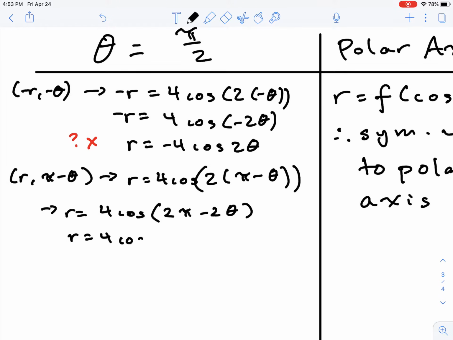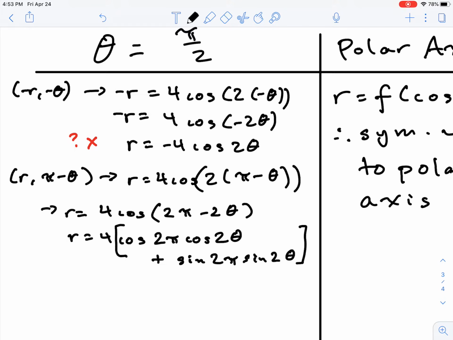Now using the difference formula for cosine, this is equal to 4 times, let's put some brackets here, cosine of 2 pi times cosine of 2 theta plus sine of 2 pi times sine of 2 theta. I've been saying that wrong throughout the videos, I apologize.